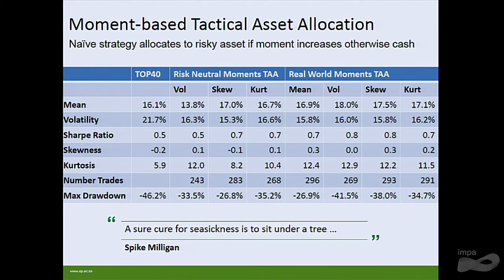Interestingly enough, it underperforms on drawdown here, and you can see skewness gives you a very nice Sharpe ratio. What's interesting from these numbers is that, number one, both your risk neutral number as well as your real world number give you information. Number two, your real world seems to outperform risk neutral, which is interesting as well.